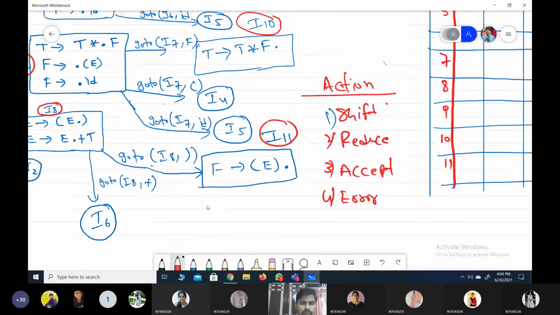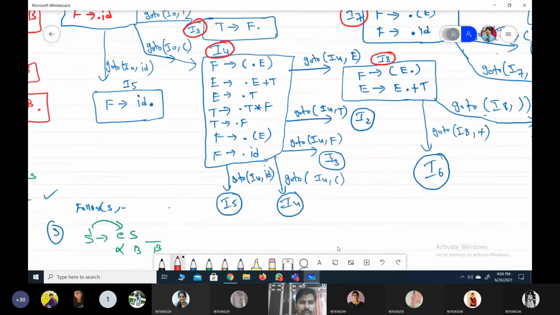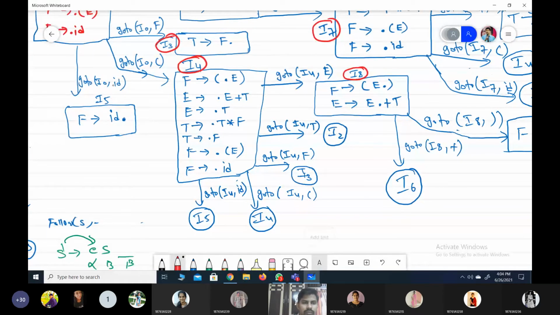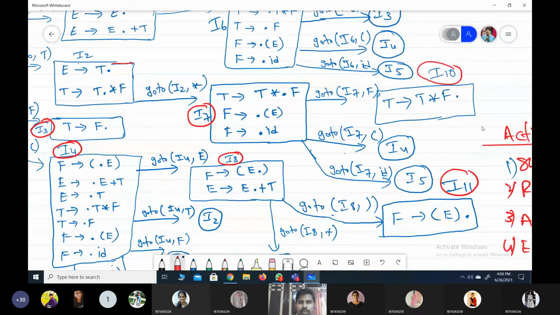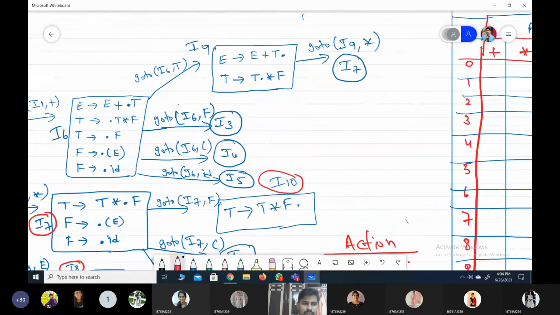Then move on to I5. On I5, is there any non-terminal that we applied? No, sir. Then cross check with I6. You can observe this is I6. On I6, any non-terminal that we have applied? T and F, sir. If T is applied, then we are moving to I9.